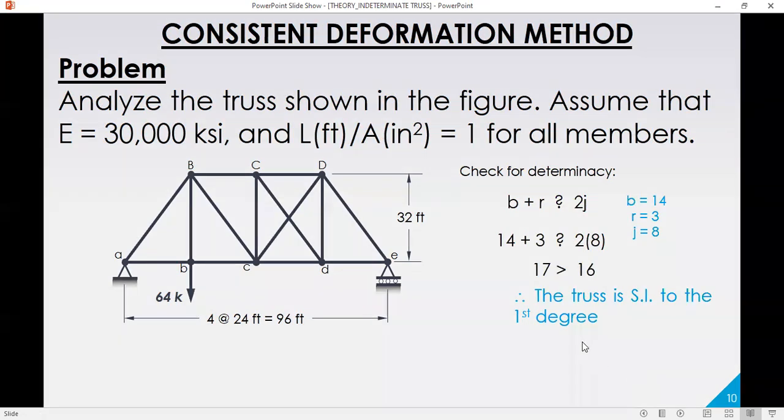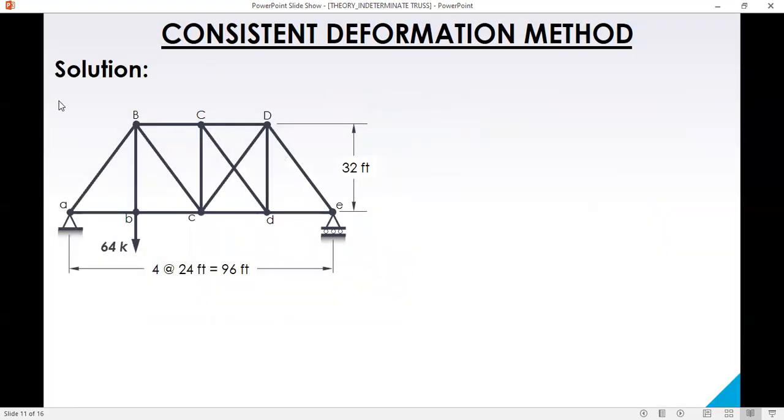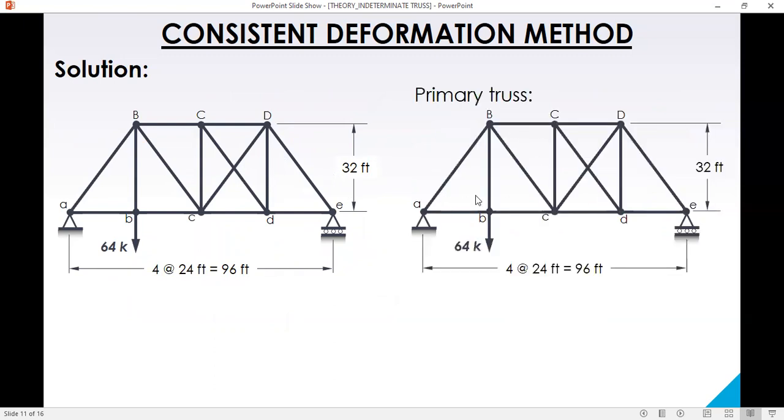Okay. This is the original truss. And to analyze, let's choose a primary truss. So for the primary truss, it should be a determinate truss. So we will remove the redundant. Okay. So we can select this member, small c, capital D, as our redundant, or we can choose capital C, small d as our redundant.